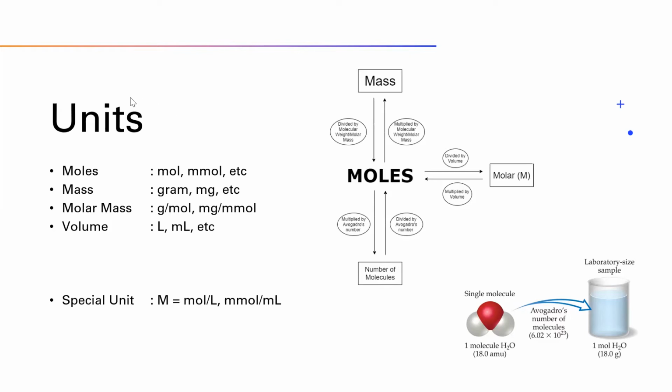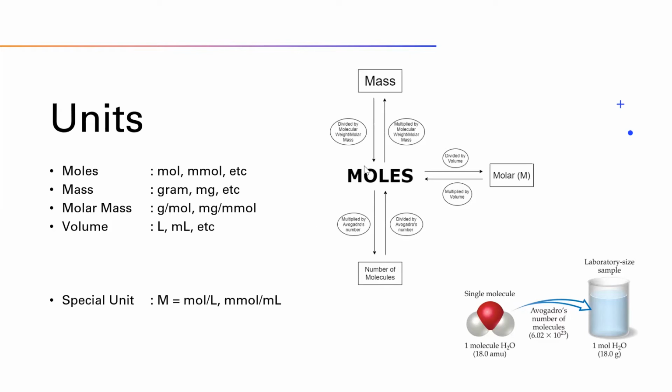Why are units important for this diagram? Because when you use a certain unit, it will produce a certain unit also.